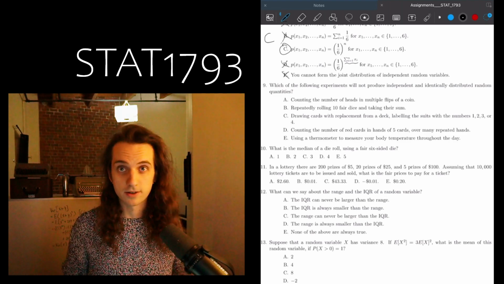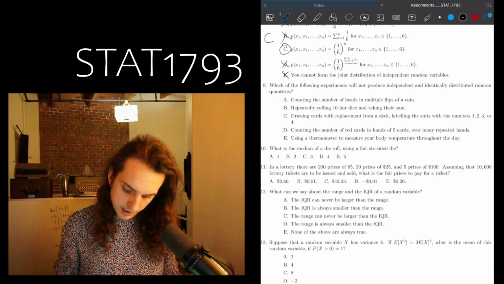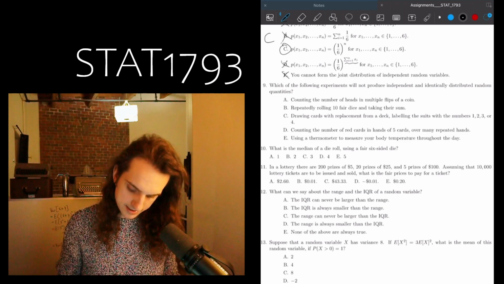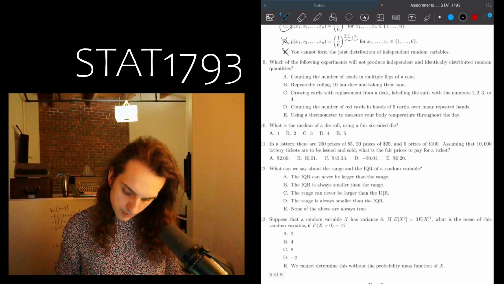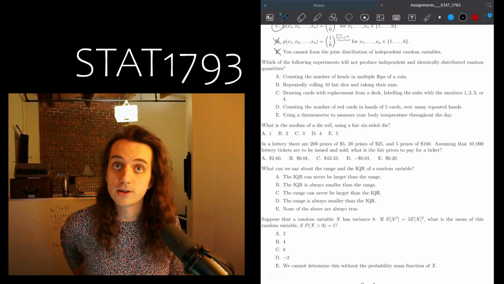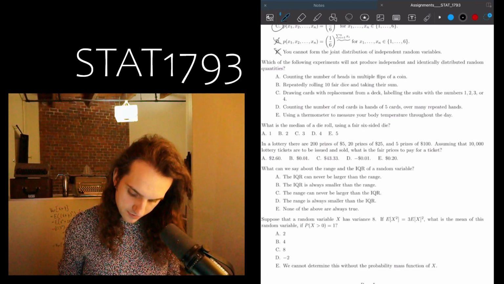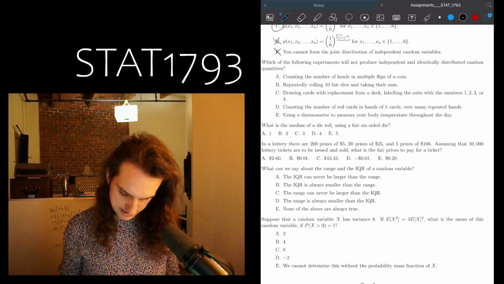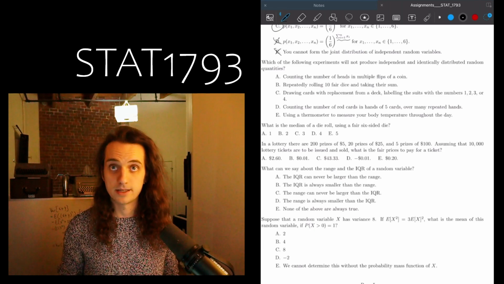Flip the same coin over and over and over again, so we could count up the number of heads, repeatedly rolling 10 fair dice and taking their sum, drawing cards with replacement from a deck, labeling the suits with the numbers 1, 2, 3, or 4, counting the number of red cards in hands of 5 cards over many repeated hands, or using a thermometer to measure your body temperature throughout the day.